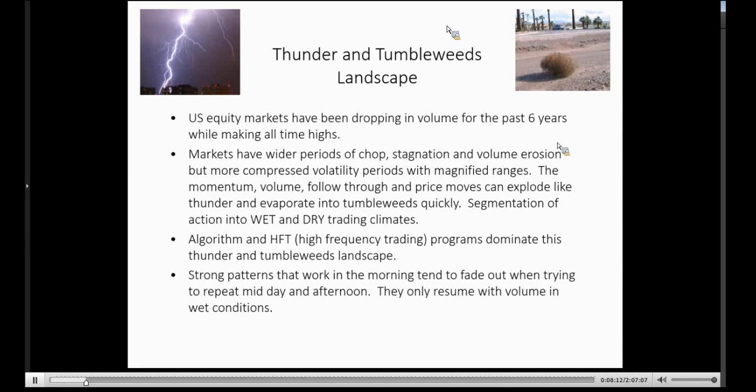And a lot of what looks like it's something new is really just history repeating itself. As far as dark pools, well, that's just like Instinet back in the 90s, where only the institutions had access to that. And dark pools existed back in the 90s just as well. As far as the high-frequency trading programs and the algo programs, well, there's always been program trading in the markets.